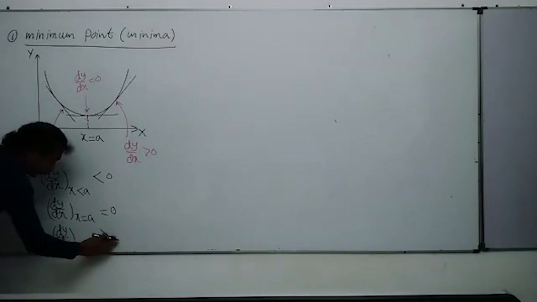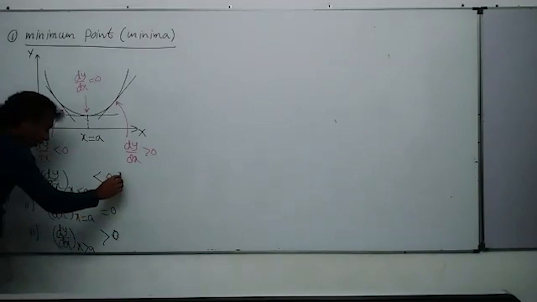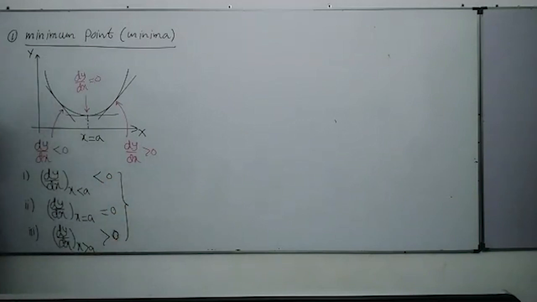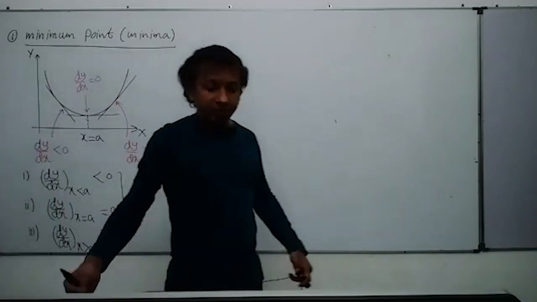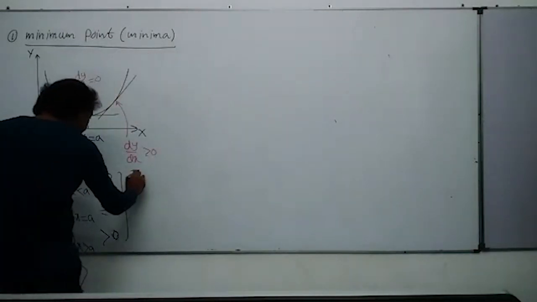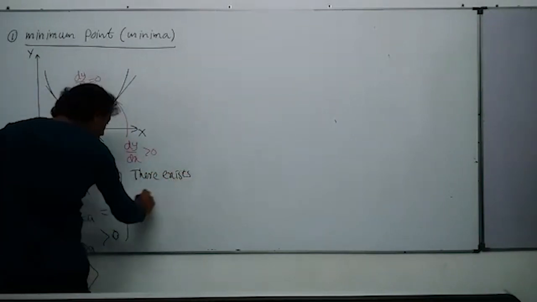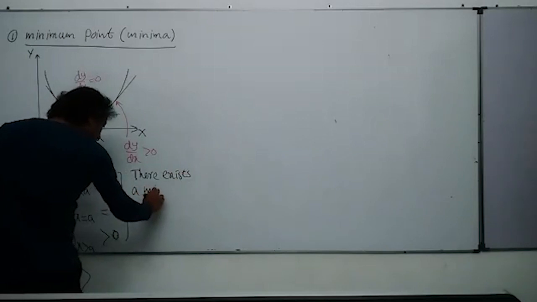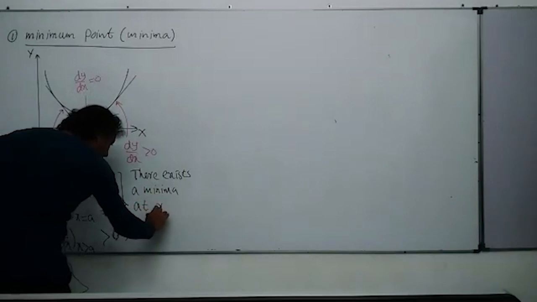Right, people? If these three occur one after the other, then these three conditions are required for a minimum point at the point x equals a, right? Then we can write there exists a minima at x equals a.